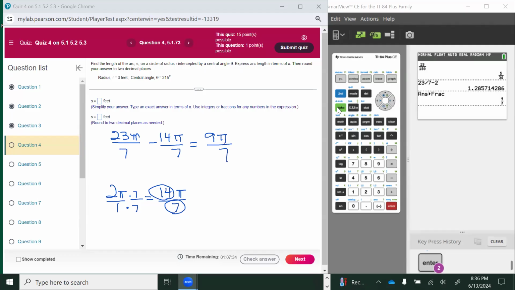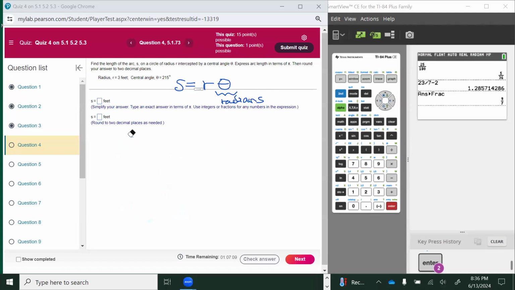So we need to know the formula for the arc length. That's S equals radius times the angle theta. One thing to note is the angle theta needs to be in radians. So if you're given degrees, the first thing you need to do is convert it into radians.